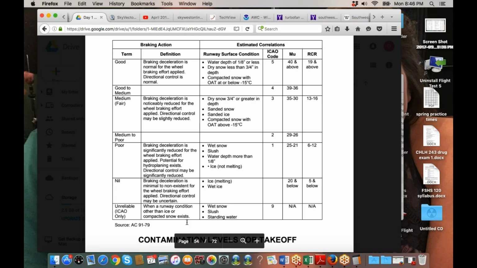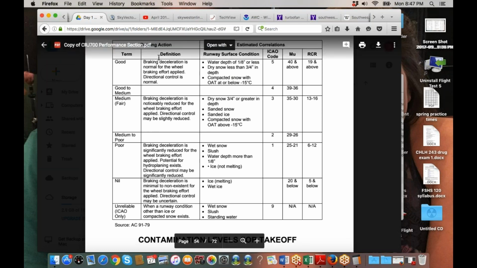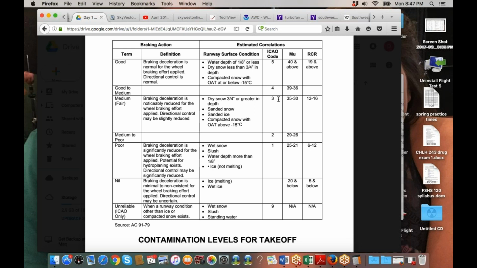So these are just interesting to think about, and they give you a little definition. So braking deceleration is normal for wheel braking effort applied. Directional control is normal. Sometimes you'll actually get 3s, and it's slippery when wet. That's rubber on the runway from all the tires landing.